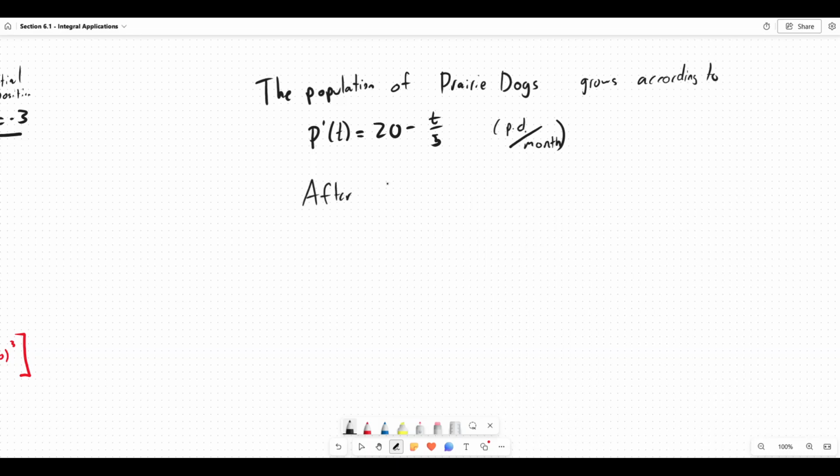After 15 months, what is the population?